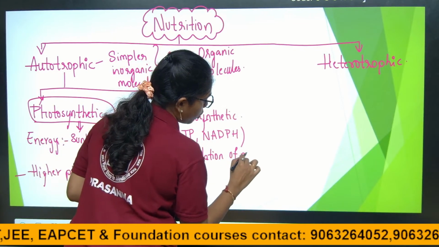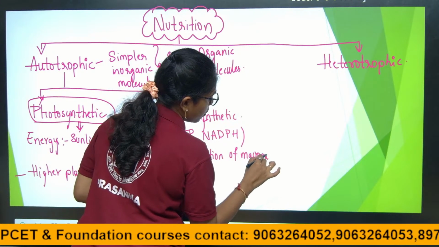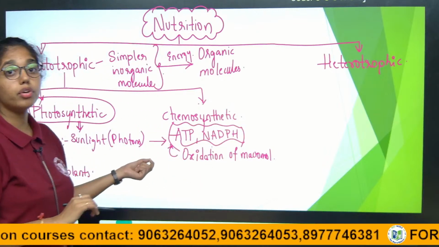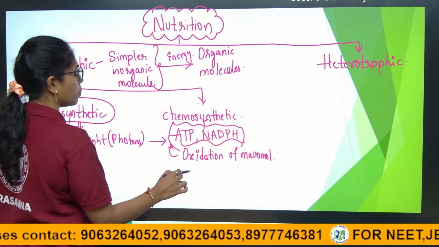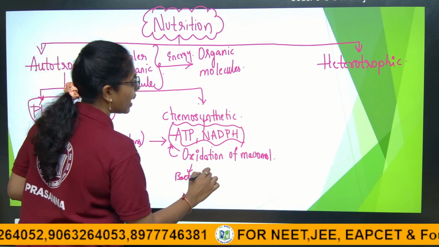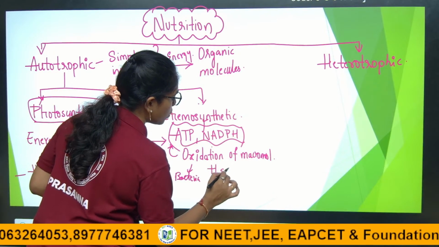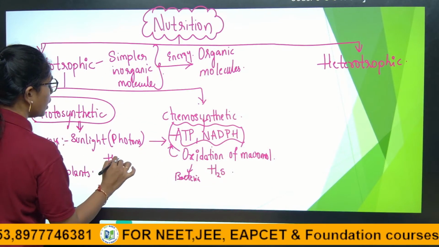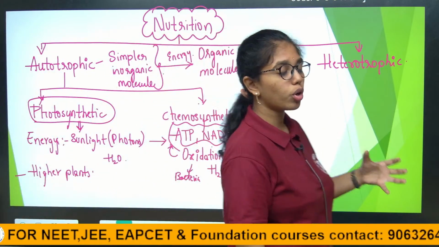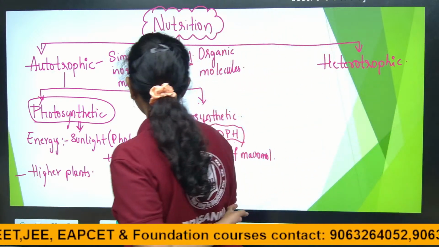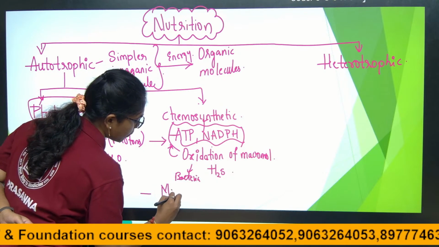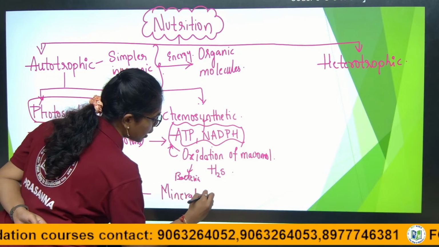This energy is utilized for the formation of food materials. This is mostly used by bacteria, and mostly the electron donor will be H2S. Chemosynthetic autotrophic nutrition is highly useful for mineral cycling.